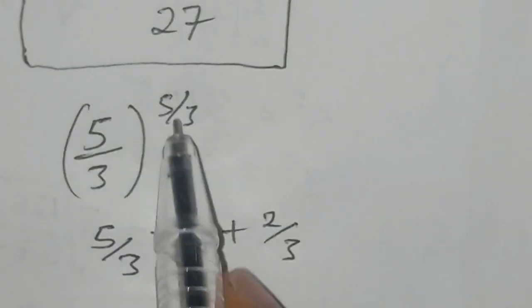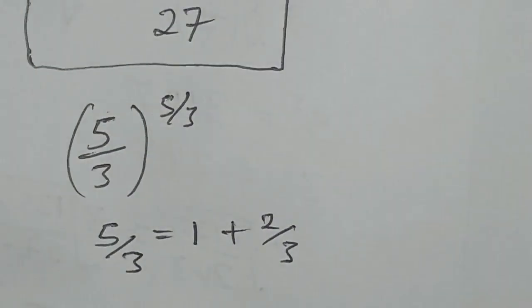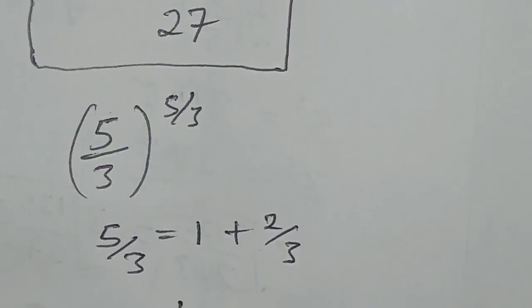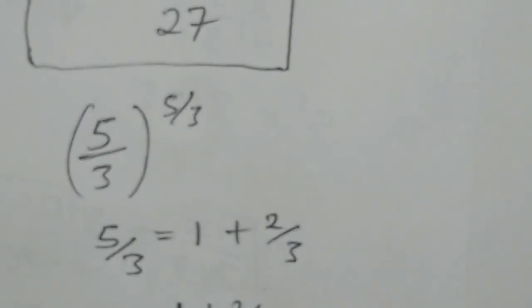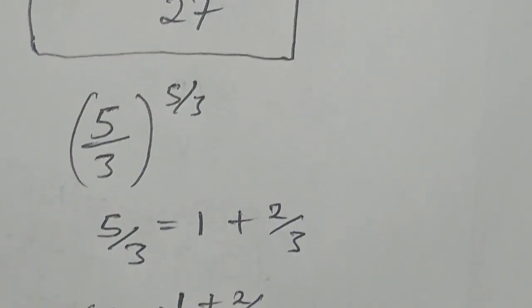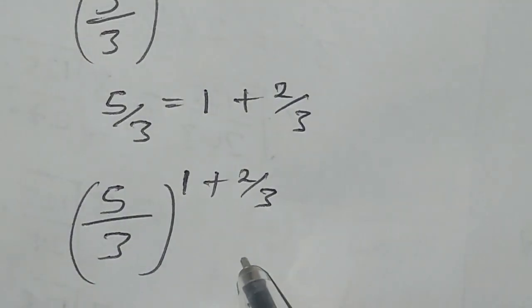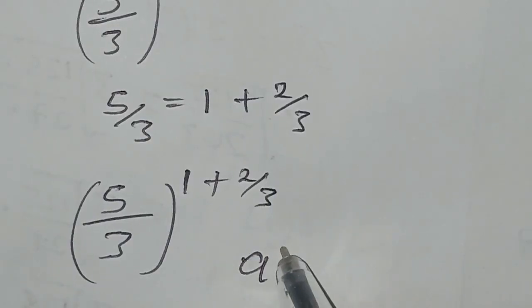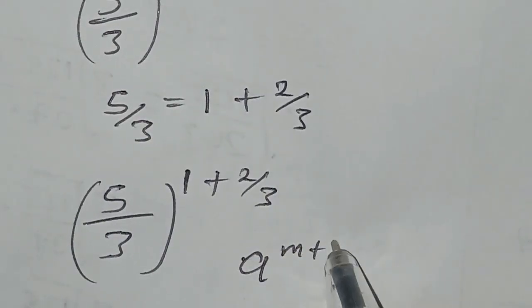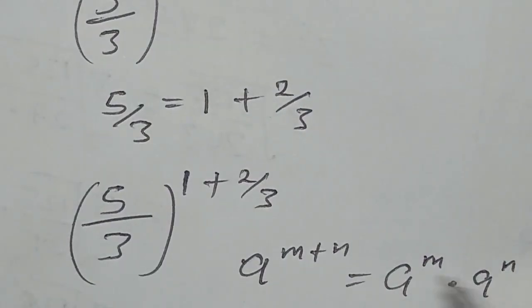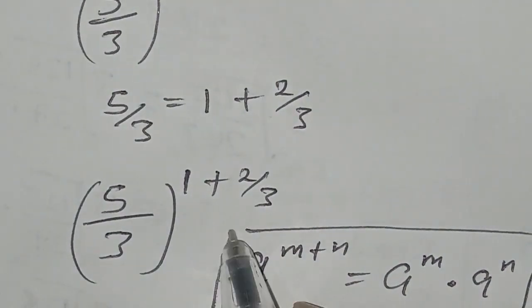So if we replace this in the exponent, we have 5 over 3 to the power of 1 plus 2 over 3. Using the identity of exponents or indices, base a to the power of m plus n is equal to base a to the power of m multiplied by base a to the power of n.